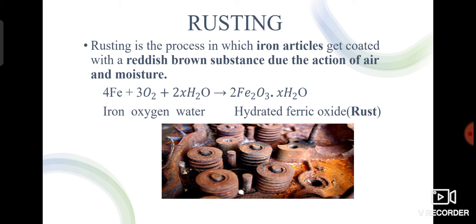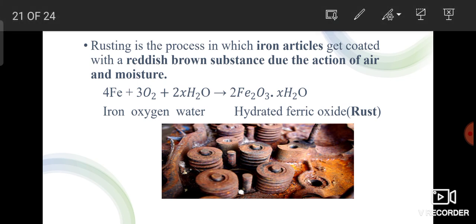Okay, and the reaction which takes place in rusting is this: iron metal reacts with oxygen and with the moisture also, which is represented as H2O. Then the product which you get is rust or zang, you can call it in Hindi, and the formula of rust is ferric oxide dot XH2O.